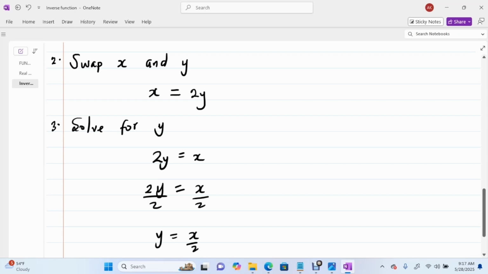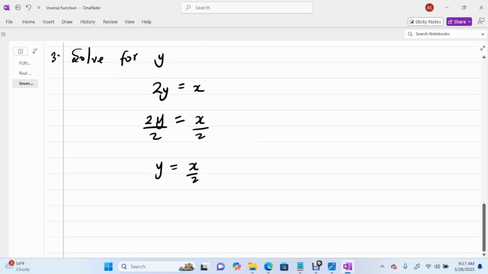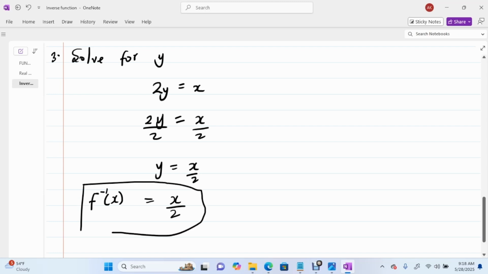And this y that we just got is the inverse, right? So we say f inverse of x is now equal to x out of 2. This point is very crucial, so make sure you write or state the last function. And that's it.